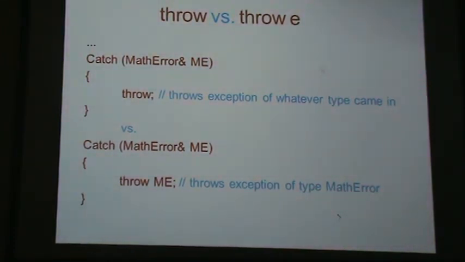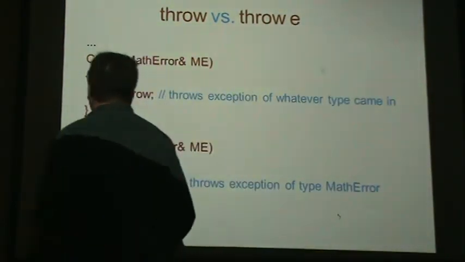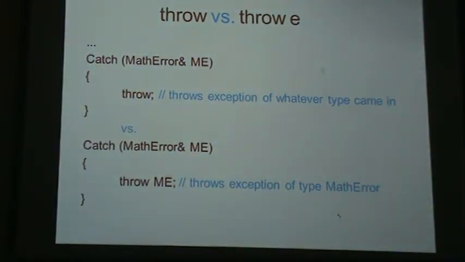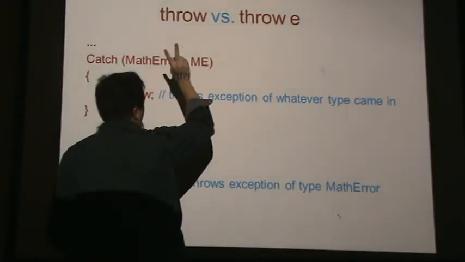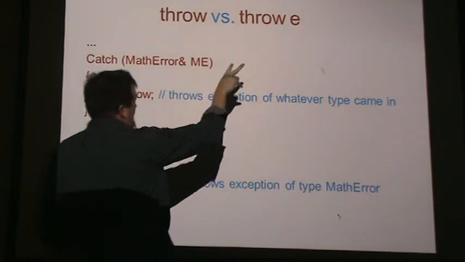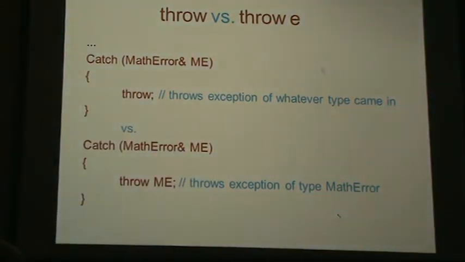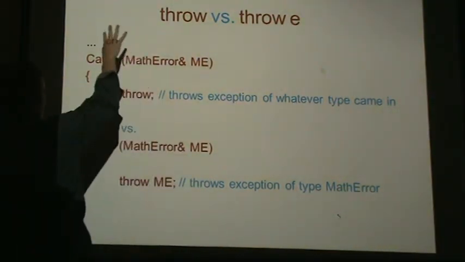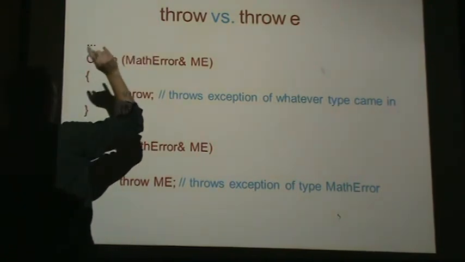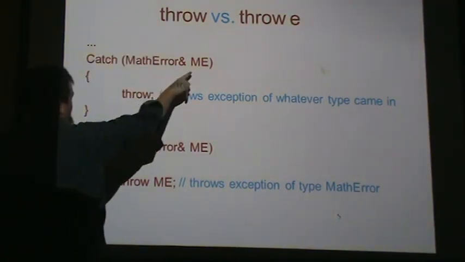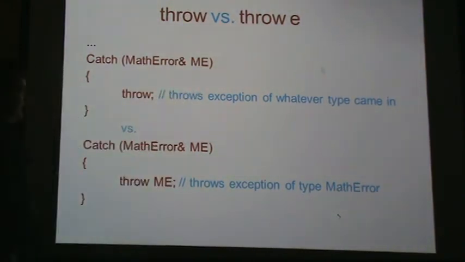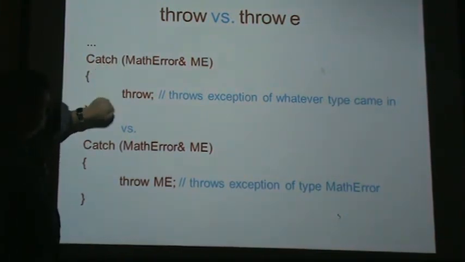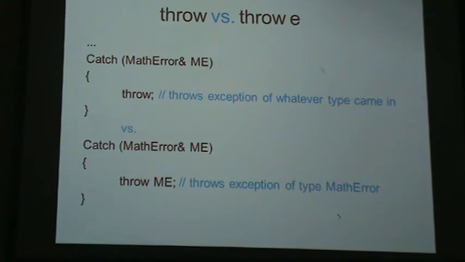Okay, so that affects something like this. We're talking about the topic of throwing an exception object, or rethrowing the one that was passed into you. Suppose we have some code above that says try, and then an exception occurs and this thing catches it. Let's say we have a math error reference, and I'll call the object ME. Then we do some processing, and when we're done we want to rethrow the object back to the operating system.